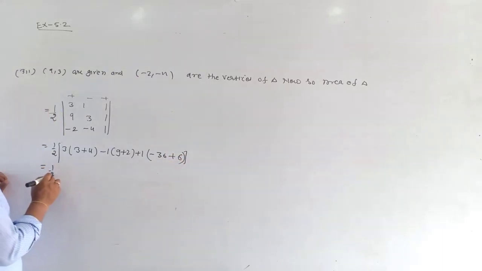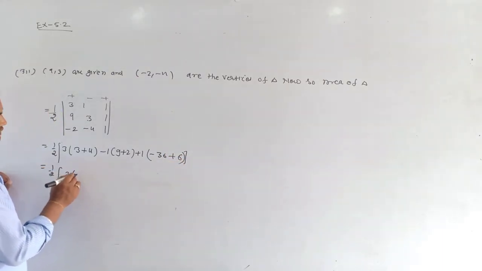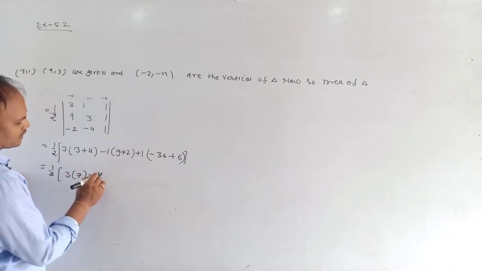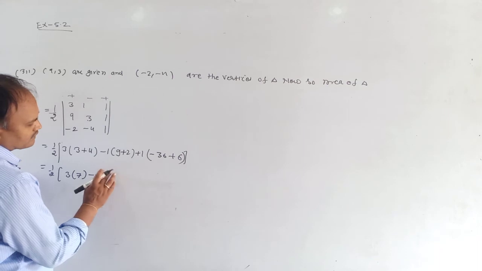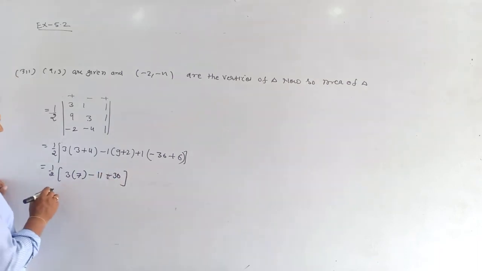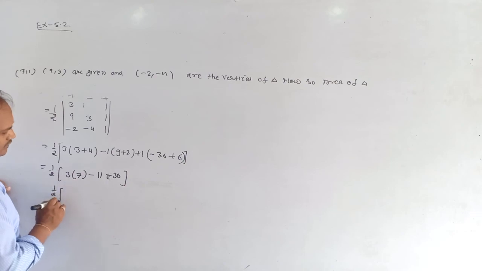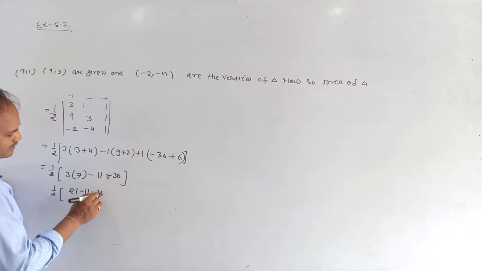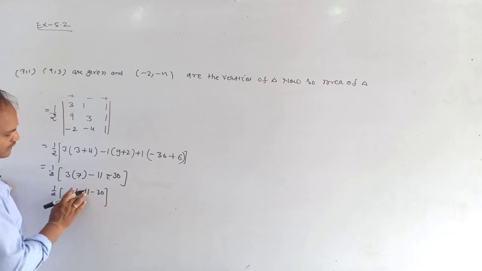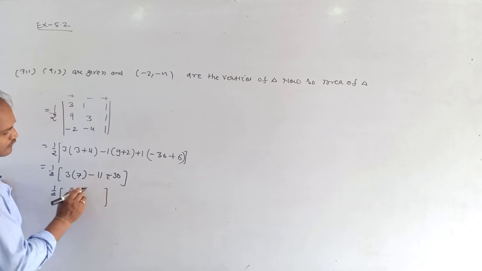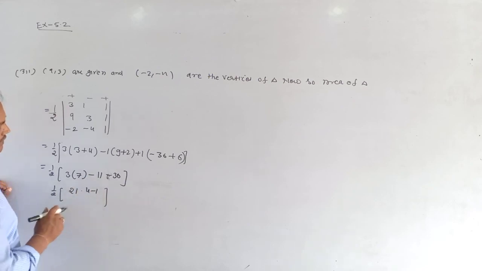So it is 1 by 2 times (3 times 7 minus 11 plus minus 30). So we can say it is 1 by 2 times (21 minus 11 minus 30). So 21 minus 41, it is minus 20.